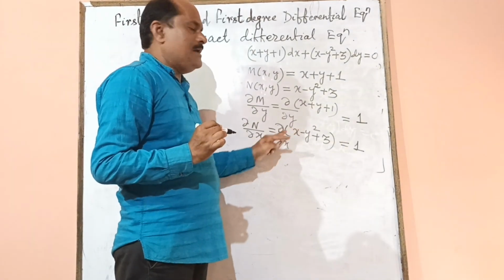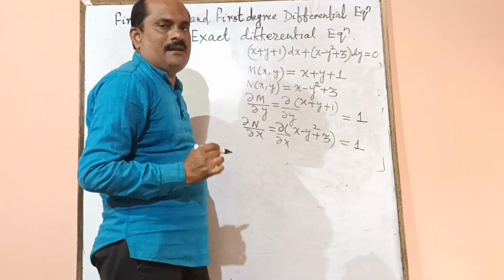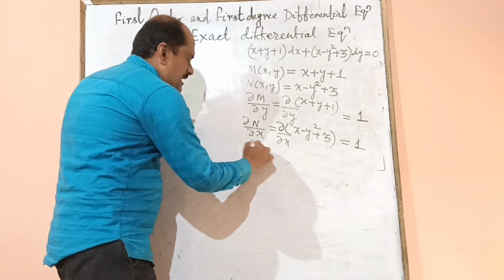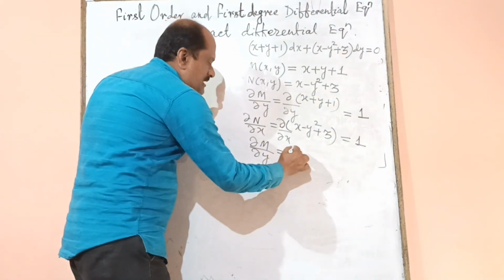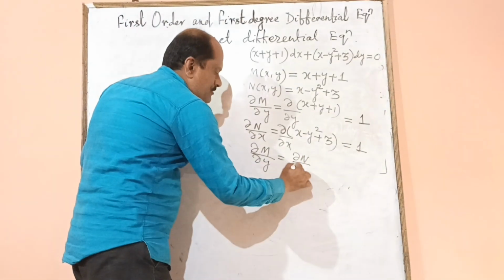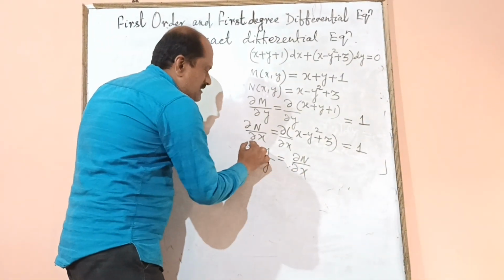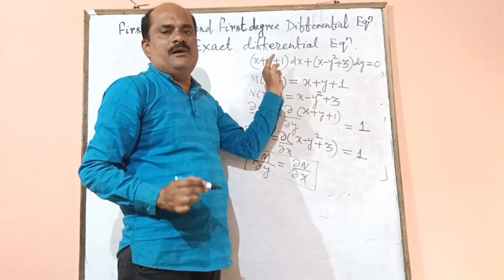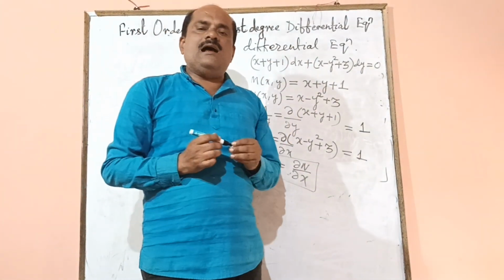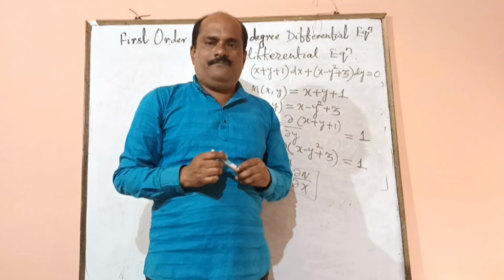So the partial derivative of M with respect to y is equal to the partial derivative of N with respect to x. As this is equal, the given equation is an exact differential equation.